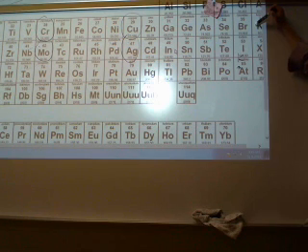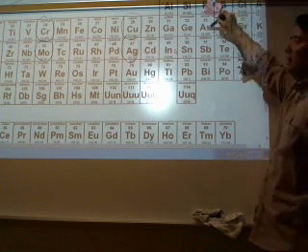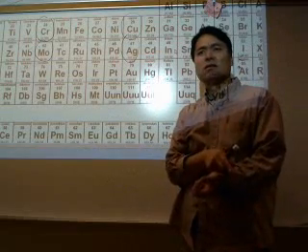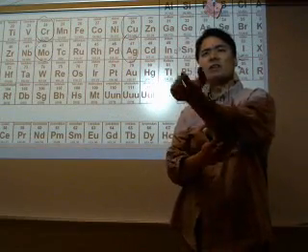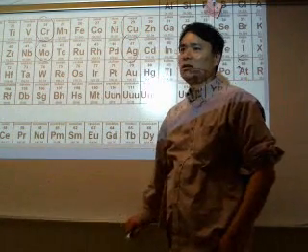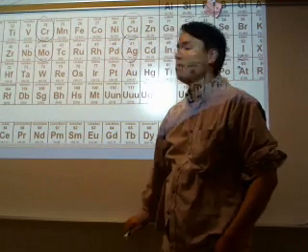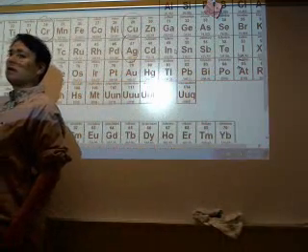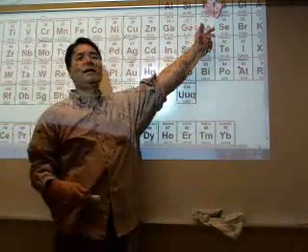18 electrons. Out of those 18, does that mean all of them are valence electrons? No. What are the valence electrons in the fourth shell? The valence electrons are the highest n, so we've got 4s and 4p.